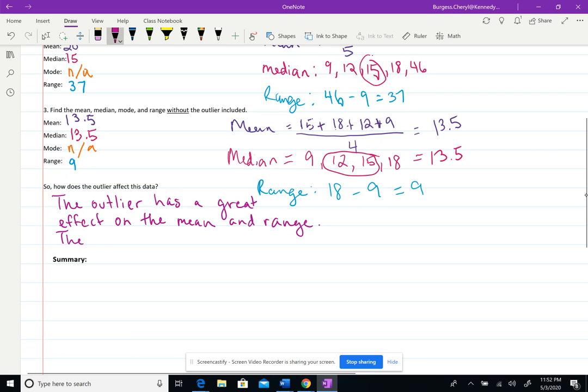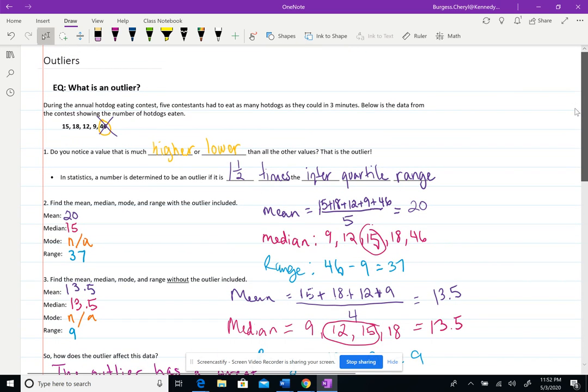The outlier skews the data, right? If it's skewing the data, it's making the data seem not accurate.